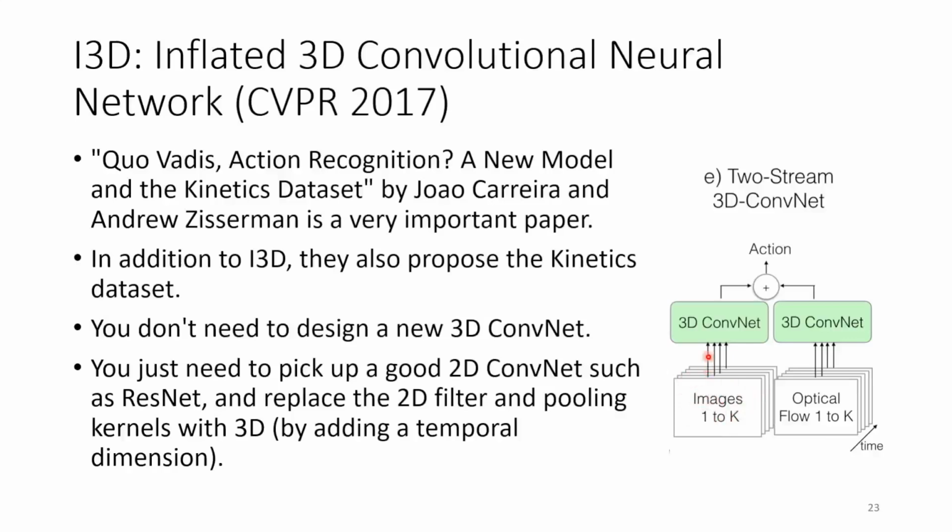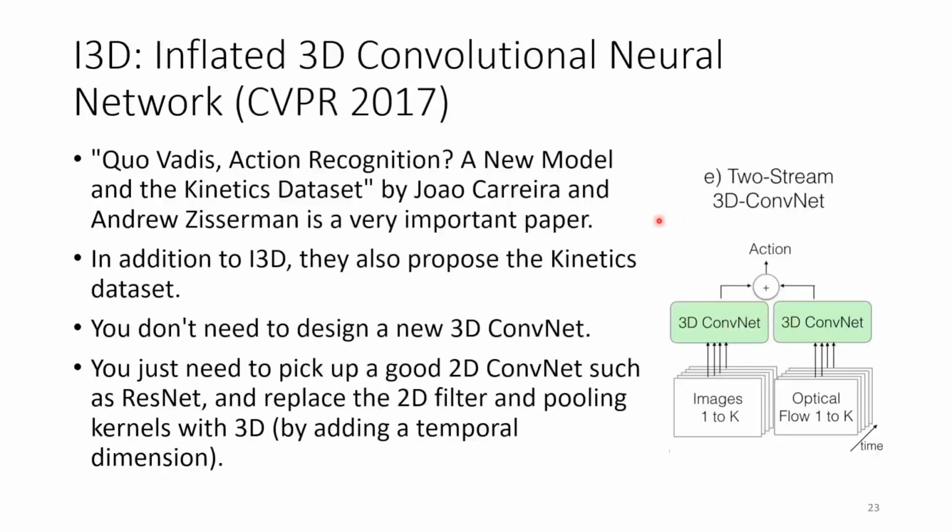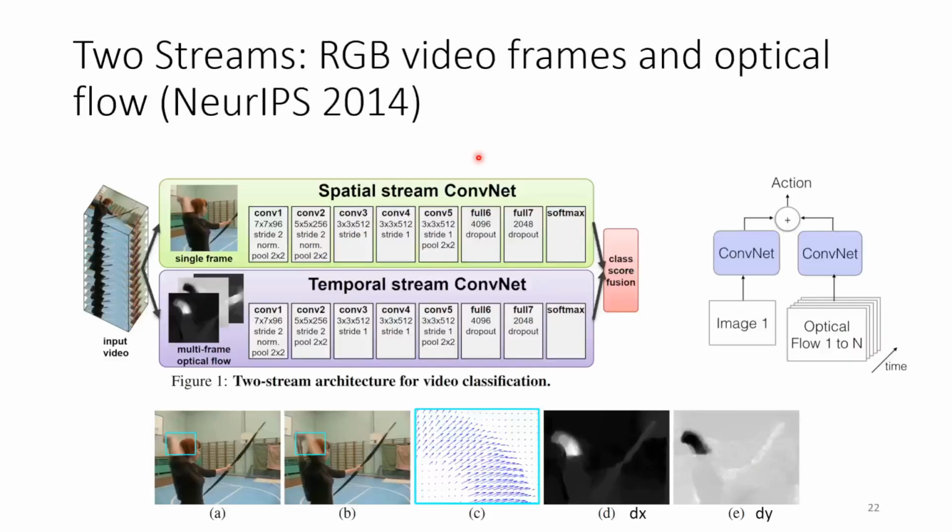For every frame, you will have a representation, and then apply another convolution, a 3D convolution, to those frame representations, then fuse the visual data. But here, for the visual data, you have information from several frames rather than just a single frame. So you can imagine the I3D representation can carry richer information than the two-stream representation.